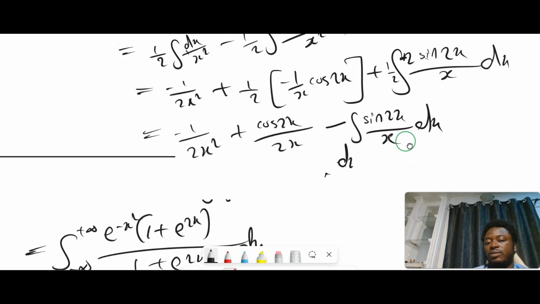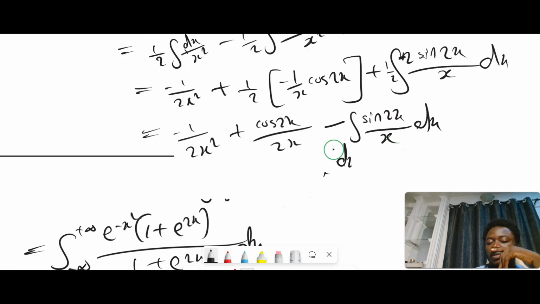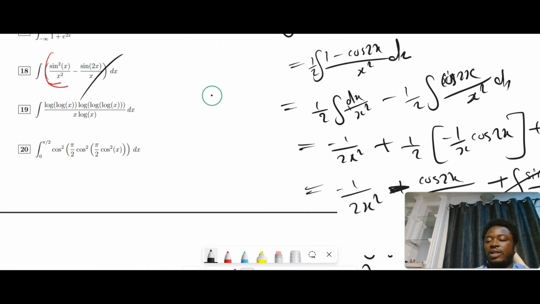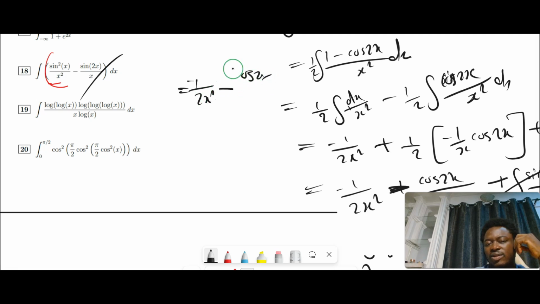So that should be a plus here and a minus here, and yes, this plus and this minus should cancel out. So everything should be negative 1 over 2x squared minus cos 2x over 2x. So that should be the answer.